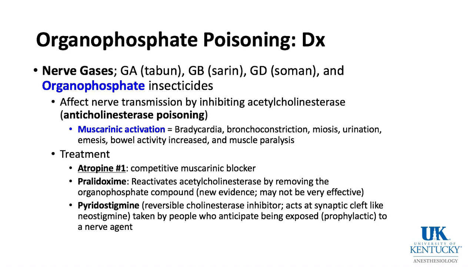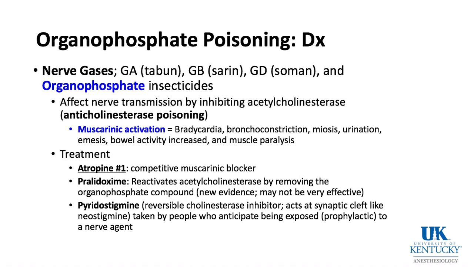And in the case of nerve gases, pralidoxime has been used in an attempt to reactivate the acetylcholinesterase enzyme by removing the organophosphate compound. May not be as effective as we used to think. And then pyridostigmine is actually used by people who anticipate being exposed to a nerve agent.